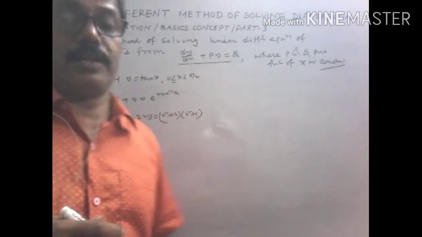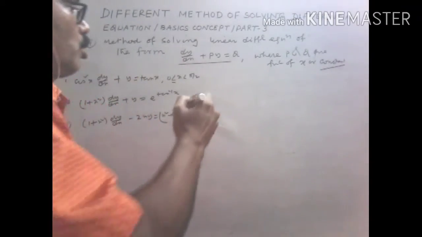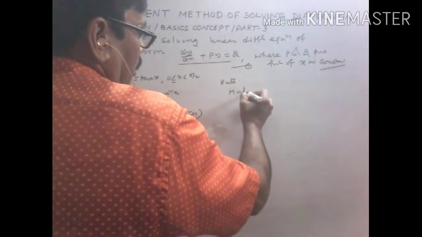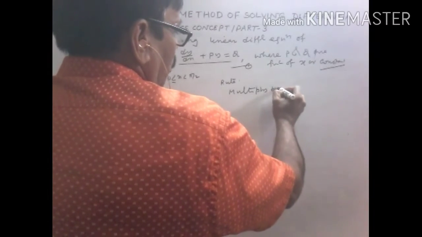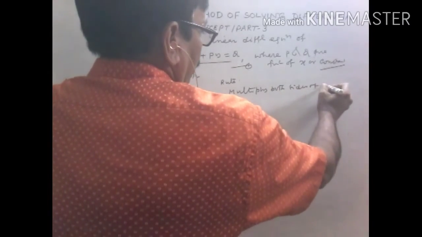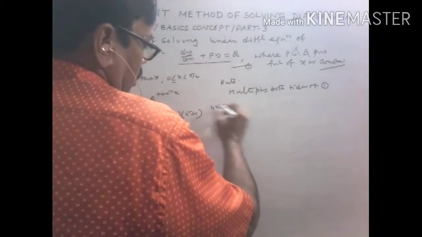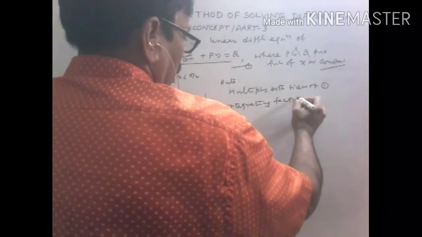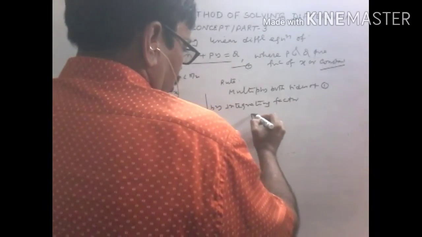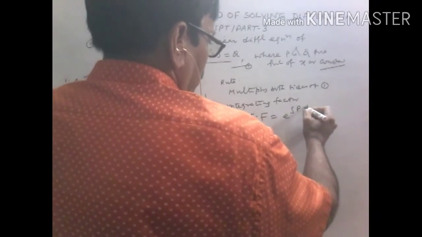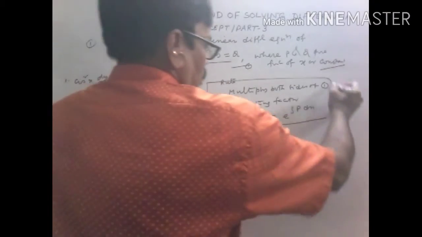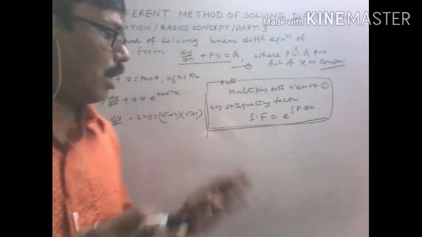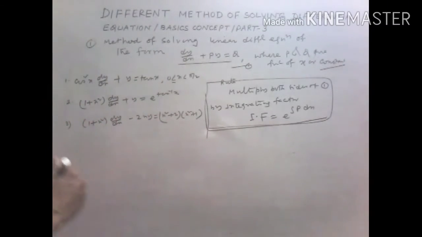So what is the rule? The rule is to multiply both sides of 1 by the integrating factor, which is written in short as e to the power integral p dx. What is the integrating factor? I am discussing it later.